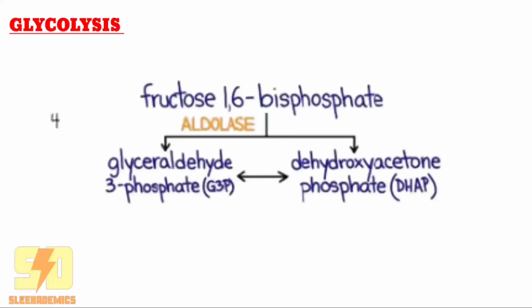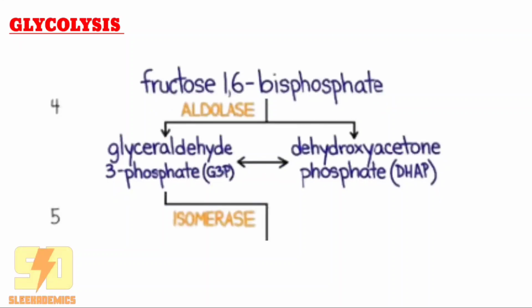Both are 3-carbon molecules. These two molecules can interchange between each other, but predominantly the hydroxyacetone phosphate is always converted to glyceraldehyde 3-phosphate, and this is overseen by an enzyme known as isomerase.